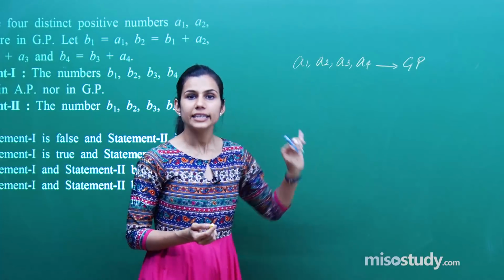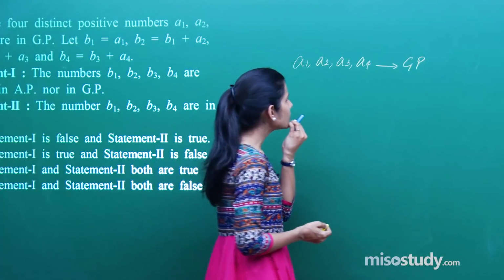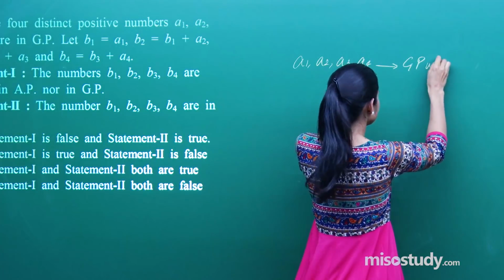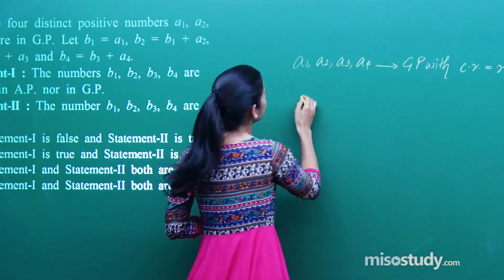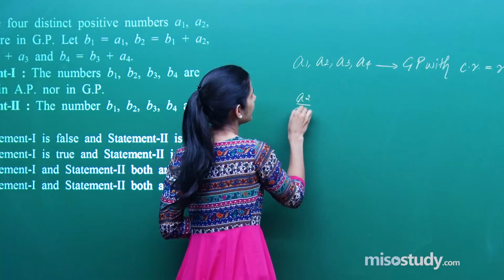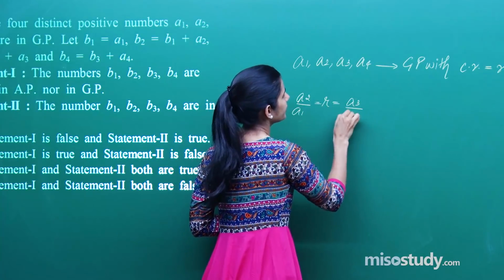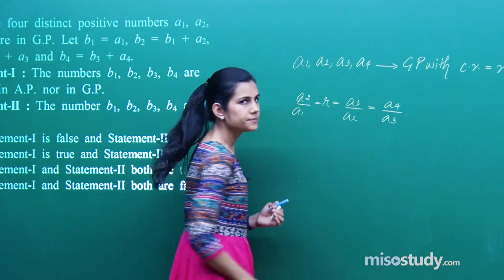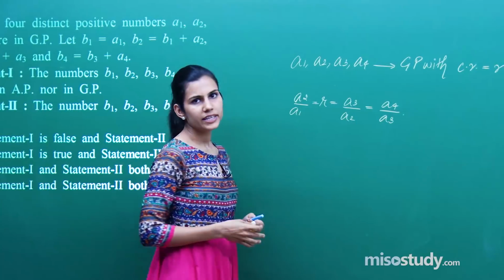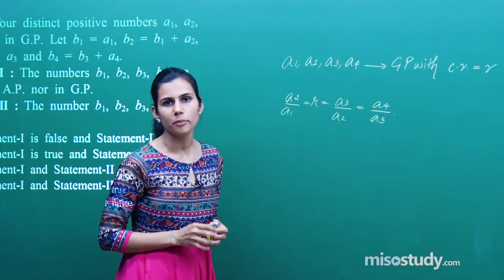All these ratios are equal and they are equal to some common ratio which we denote by R. So suppose this is GP with common ratio equal to R. That means you get A2 upon A1 is R, A3 upon A2 is R, A4 upon A3 is R, which eventually gives us a very easy way of expressing them just in terms of first term and common ratio.